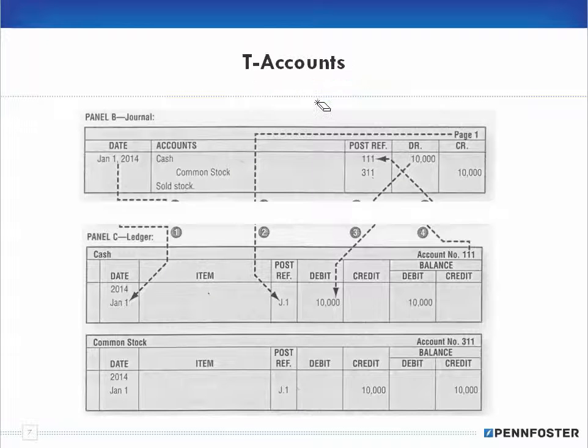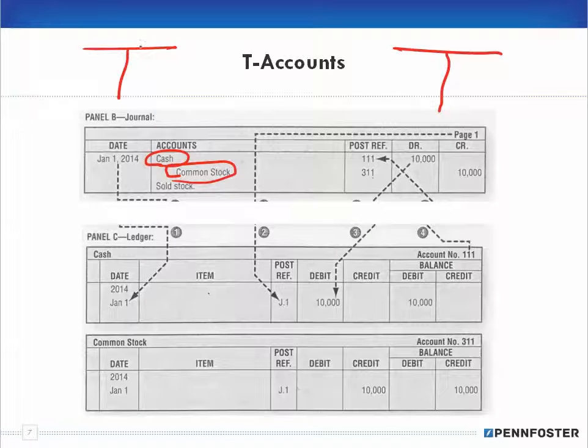Now, T accounts are nothing more than a T, okay? It's a tool that you use in order to understand a transaction or understand what's in an account. For example, I'm making this journal entry and I know that I'm using the cash account and the common stock account.